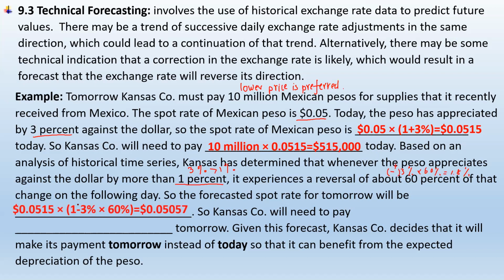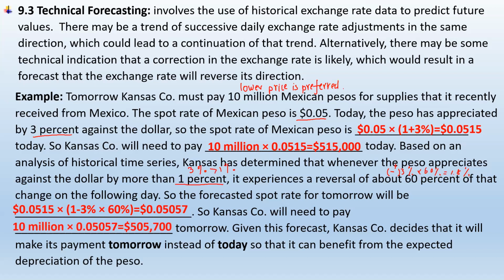And remember, it's a reversal because this 3% is positive, and this reversal should be negative. So we use 1 minus, because the depreciation is a negative percentage change. So it's 1 minus 1.8% times today's spot rate. It's 0.05057.